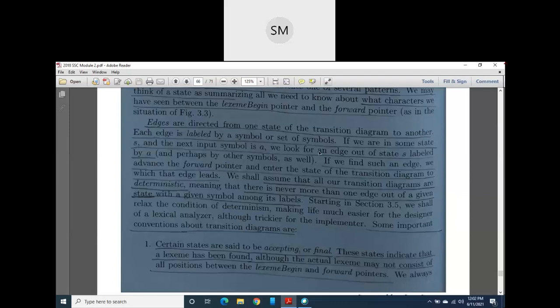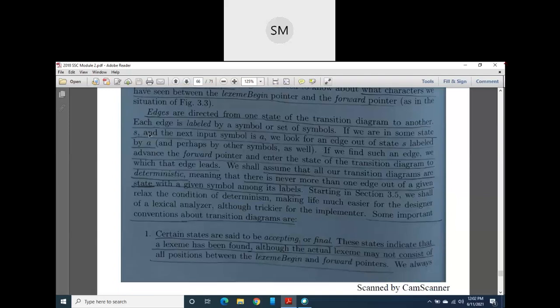Suppose we are in some state, a small letter s; remember it is not a string, small letter s is the state. If the next input symbol is a, then above that edge we write the label a. The state is s and the next state may be t. From s to t there is one arrow mark, that arrow is the edge, and on top of that edge we write the input symbol a.